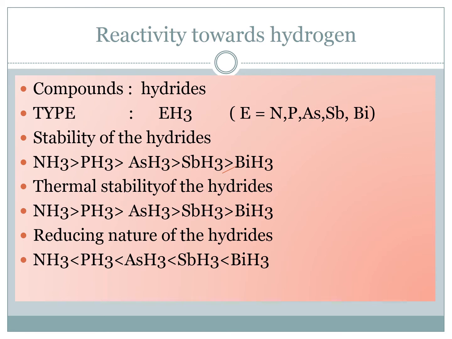So it is easy to break the bond. As a result, the thermal stability of the hydrides decreases down the group. In another way, we can explain that the reducing nature of the hydrides keeps on increasing down the group. So BiH3 becomes the most powerful reducing agent.